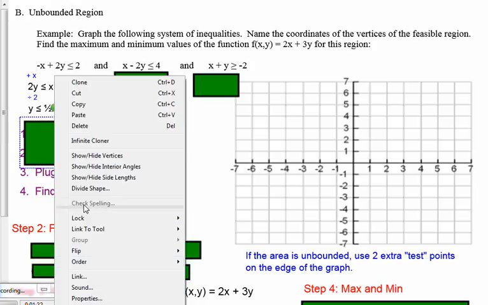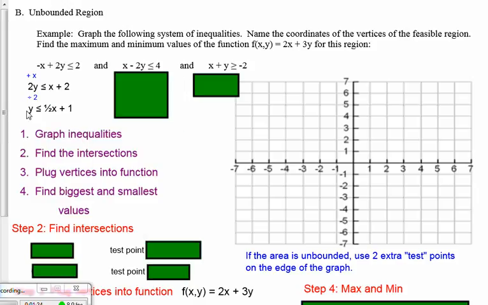Sorry, it might be kind of hard to see. That right here says divided by 2. For our second inequality, again, we want to get it into a more easily graphed form, slope-intercept form. So we're going to subtract x from both sides.